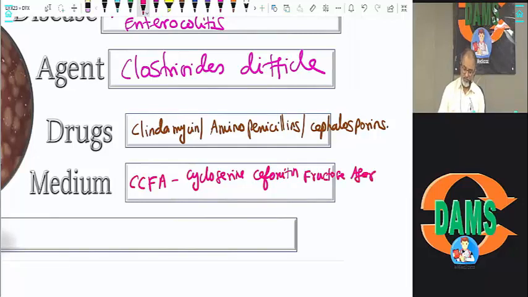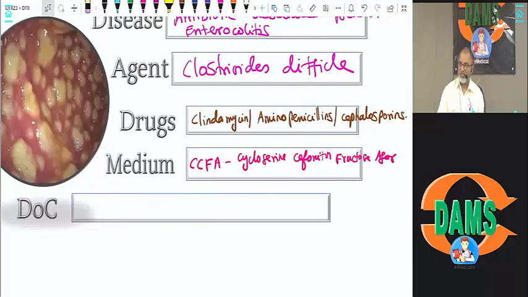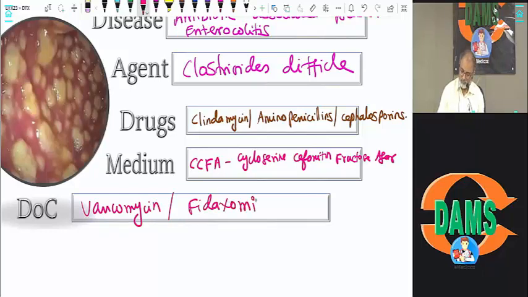What is the drug of choice? Vancomycin is first line, but the best drug is fidaxomicin. Vancomycin and fidaxomicin.